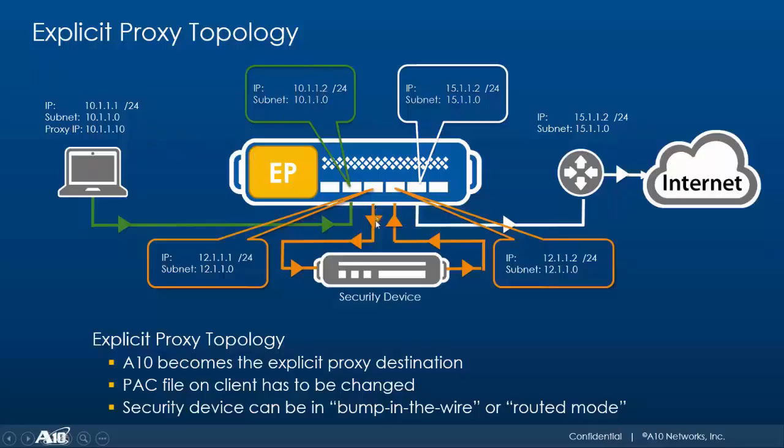The second interface that is connected to the security device, it's the outbound security device interface, and this is in a separate subnet. The third interface is the inbound interface. It is in the same subnet as the outbound one. And the fourth and final interface is in the subnet of the gateway router. This interface is used to send out SSL traffic towards the gateway router.